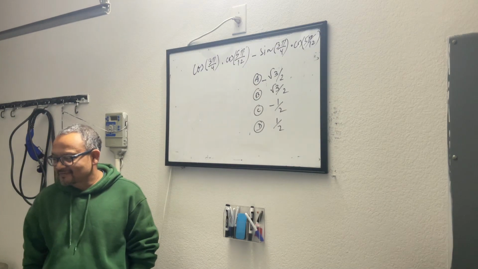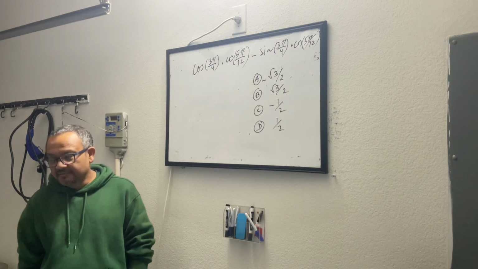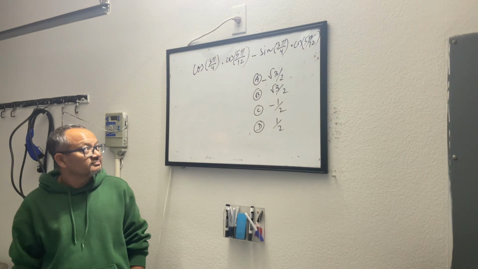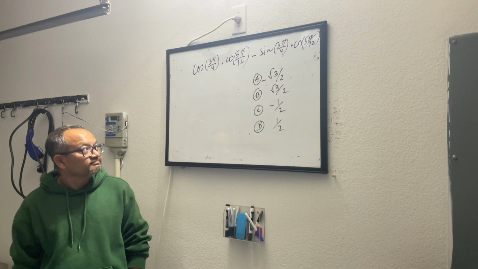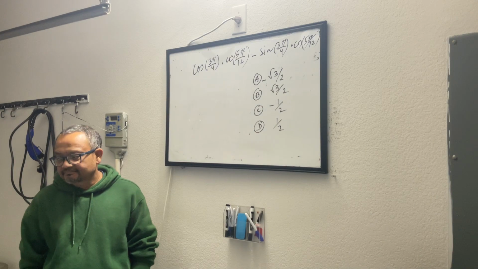So then I got 7 pi over 6. Okay. And then I simplified cos 7 pi over 6 to get negative square root of 3 over 2.